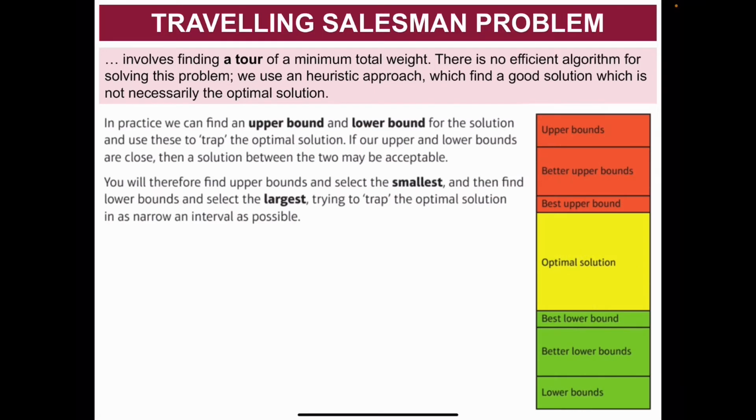So how it works is, initially you find the maximum possible number, the initial upper bound, that the distance or time or cost cannot cross over. And also we will find the initial lower bound that the cost or time or distance cannot go below. Then your task is to improve these, so you will find better upper bounds, the way I'll show you in a minute.